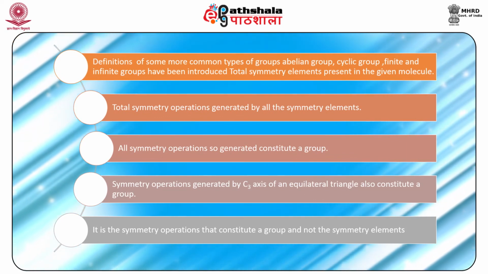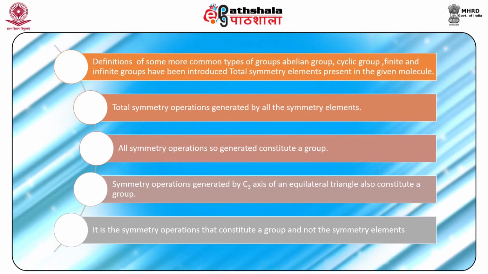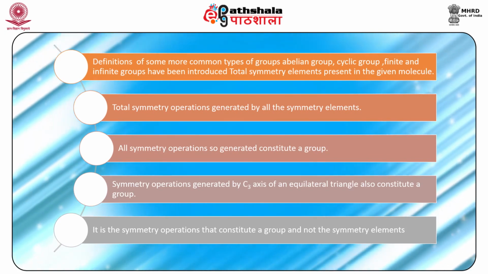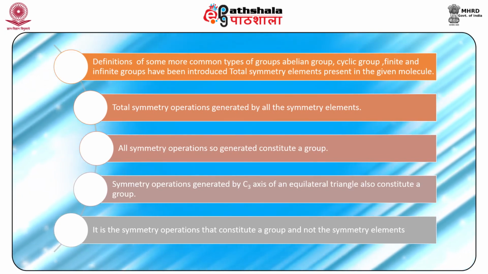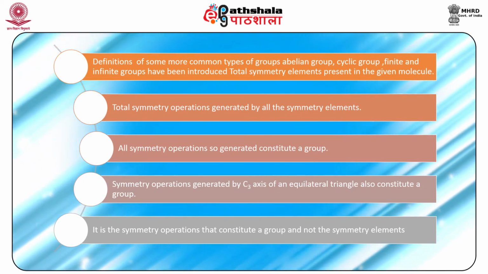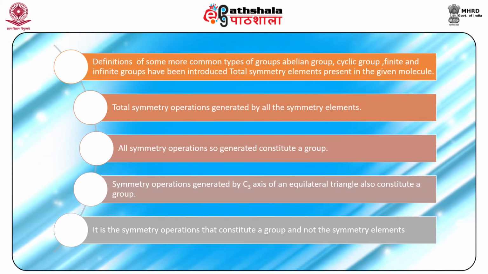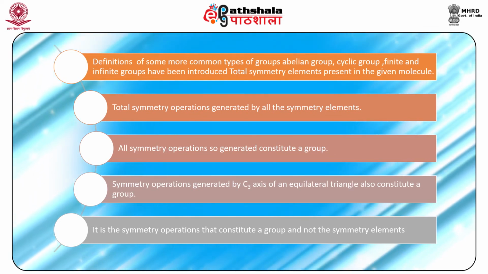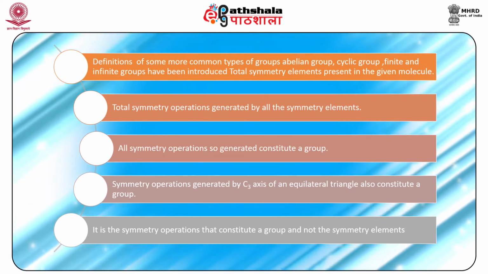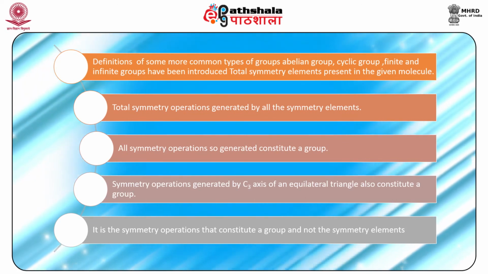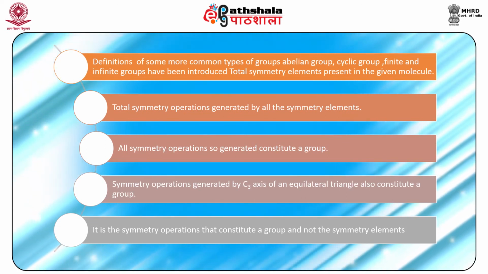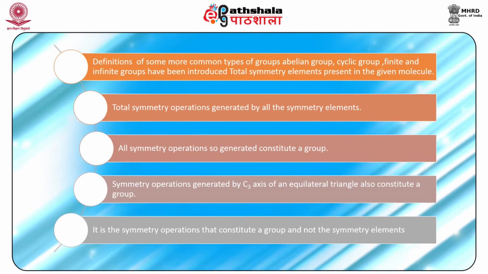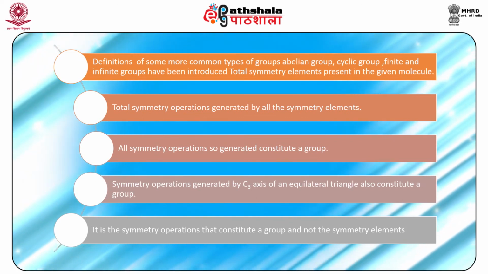Total symmetry elements present in the given molecule explained. Total symmetry operations generated by all symmetry elements. Total symmetry operations generated constitute a group has been explained in detail. Symmetry operations generated by C3 axis of an equilateral triangle also constitute a group. It is the symmetry operations that constitute a group, not the symmetry elements.